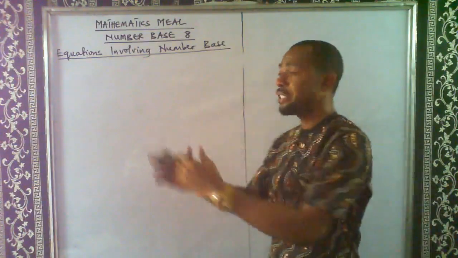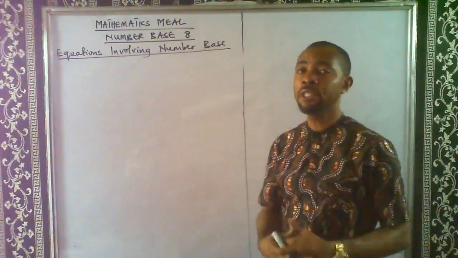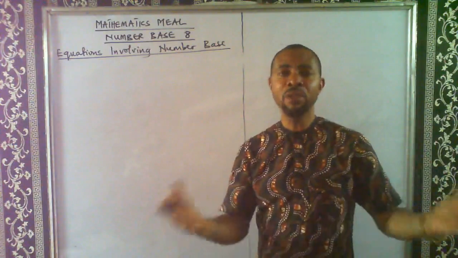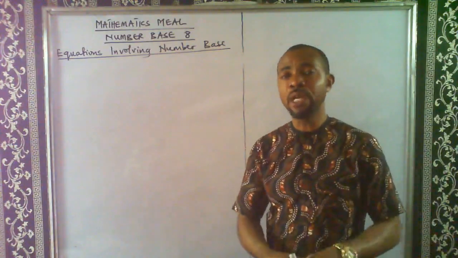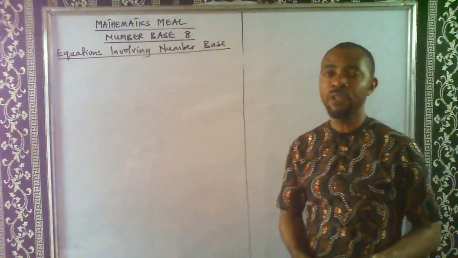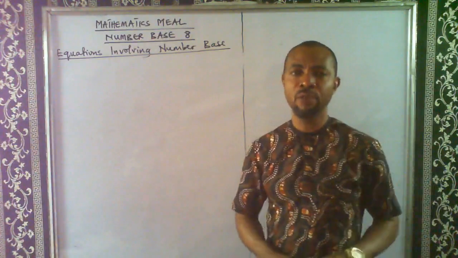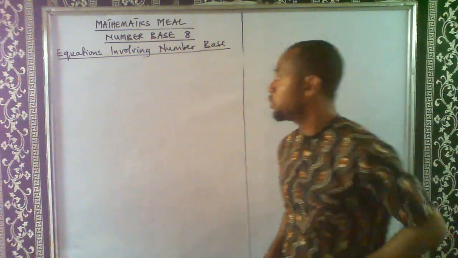If we fail to understand what an equation involving number base is all about, when we meet an equation we may not know whether it involves number base or not. So when do we say that an equation involves number base? Let's go together.